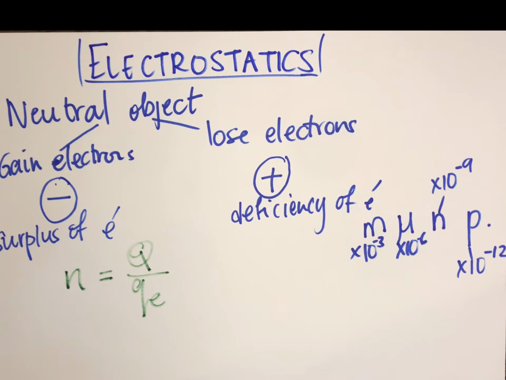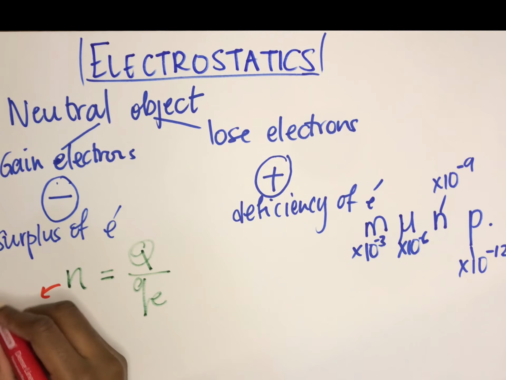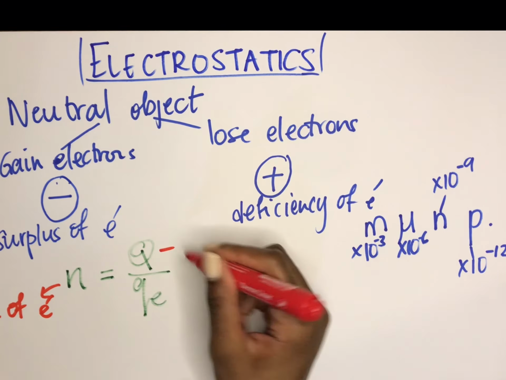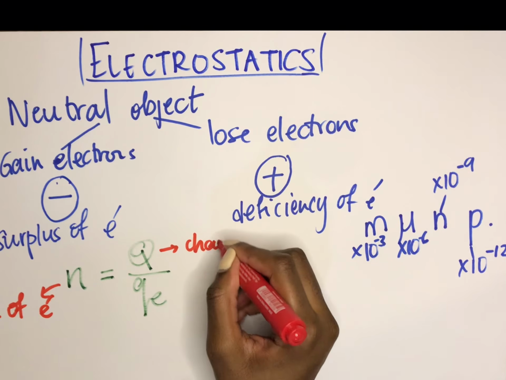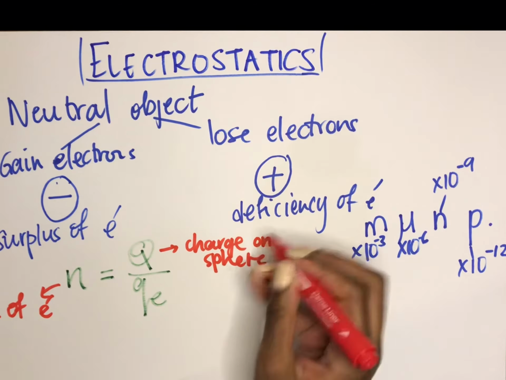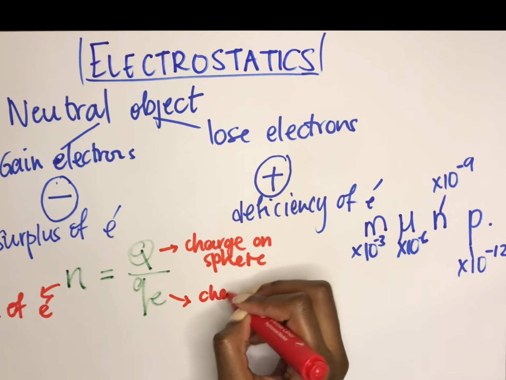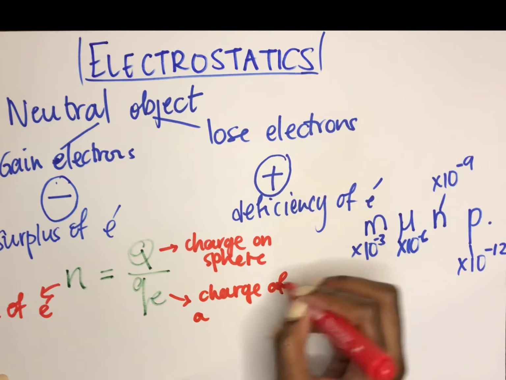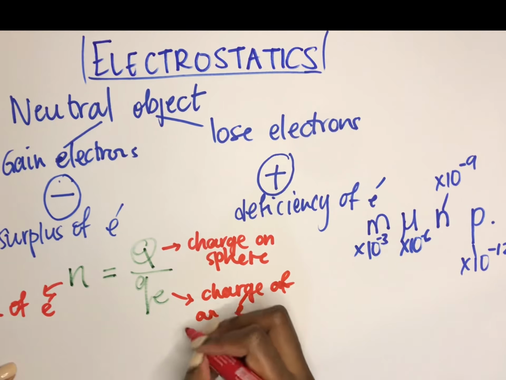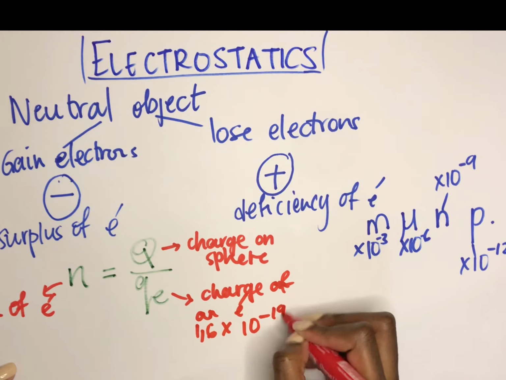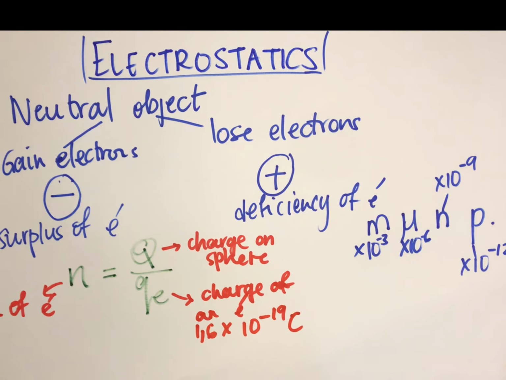Let me get another marker because this one is not very clear. So here, this is the number of electrons. This is the charge on the object, which is usually a sphere, and this is the charge on an electron, which is a standard 1.6 times 10 to the power of negative 19 coulombs, right?